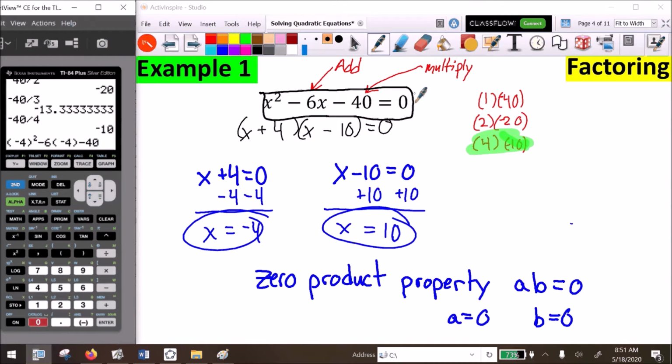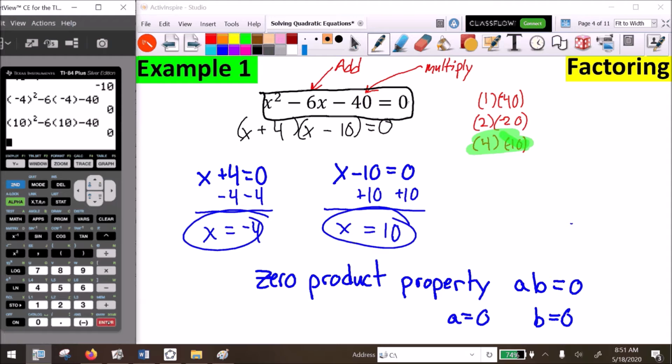I should get what's on the right side of the equation, which is 0, and it is. Now I'm going to check my other answer, +10, and that's also going to solve this equation.